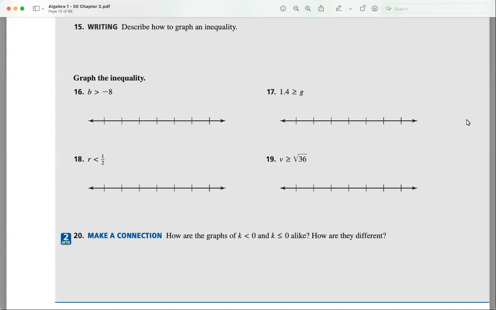Number 15, it says describe how to graph an inequality. Okay, so let's go ahead and do the description.